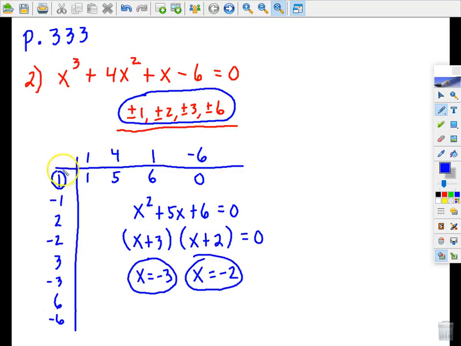We got 1 right off the beginning of using our synthetic division process to go along with -3 and -2. And don't forget, in problems 1 through 6, you're also supposed to list all of the possible rational roots, and that's what we did at the beginning. So there's your final answer for number 2.